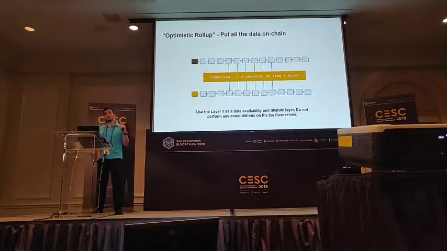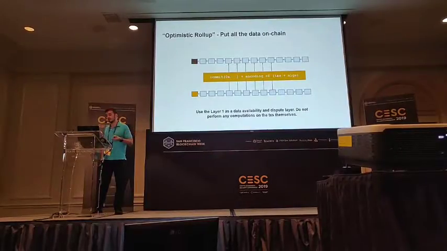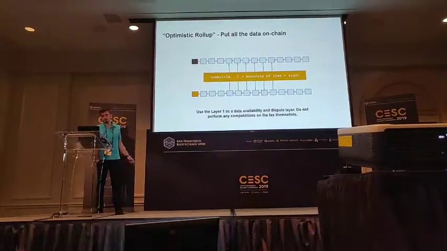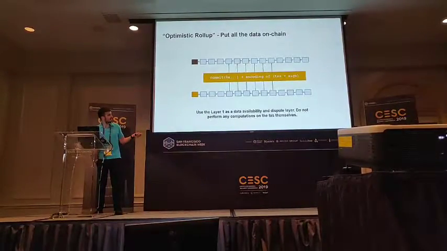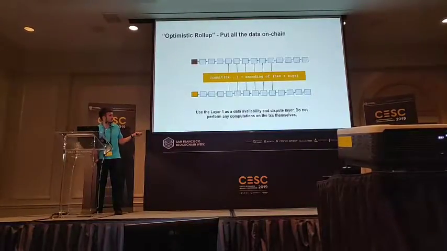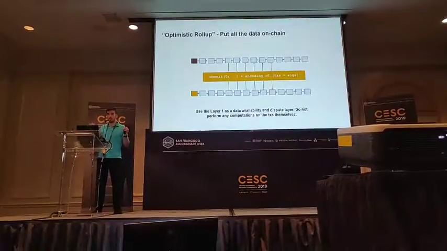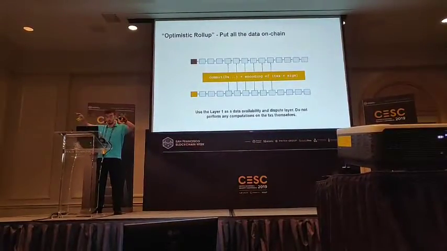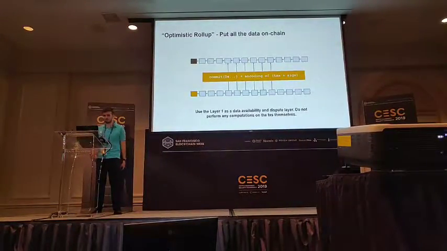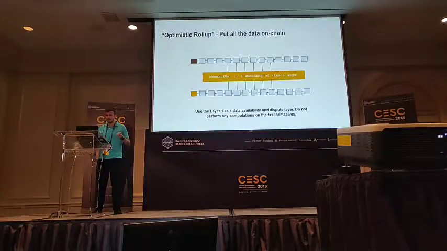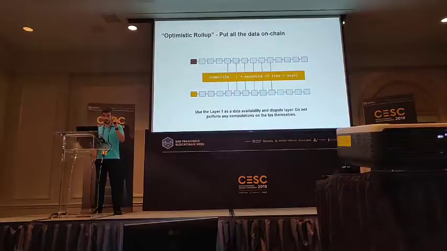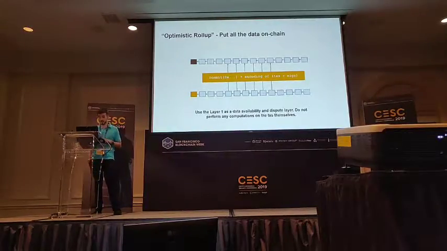It depends on how good your encoding is, and if the layer 1 should be used only as a dispute layer. This takes the approach that it also uses the layer 1 as a data availability layer, and it's based on the idea that you separate consensus from execution completely. And there's a similar paper by Mustafa Al-Bassam, called Lazy Ledger, which proposes very similar ideas.